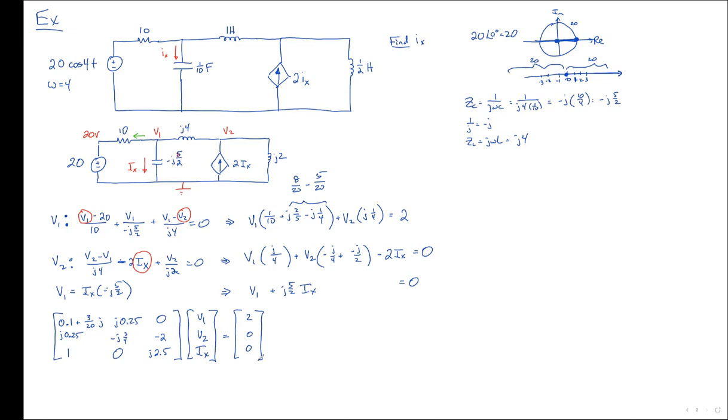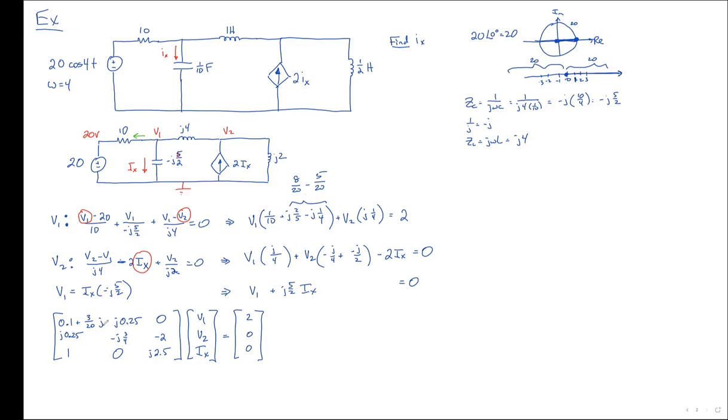So now let's plug that into MATLAB. Did you mean to do 0.1 plus 3/20J, or is it still J? From up here, the real part is 1/10, so that's right. And then the imaginary part we said was 3/20J.